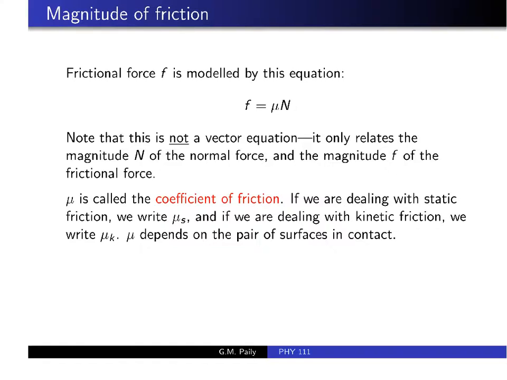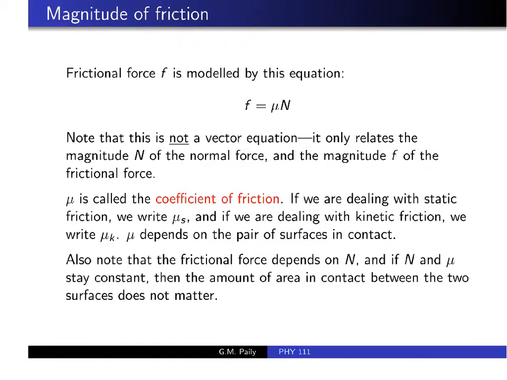Mu depends on the surfaces which are in contact. So the mu for a pair of wood surfaces in contact would be different from the mu for a wood surface and a steel surface in contact, or a pair of steel surfaces in contact, and so on. As we stated before, the frictional force also depends on the normal force.